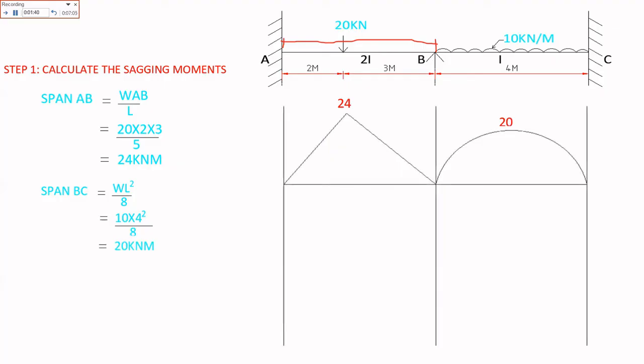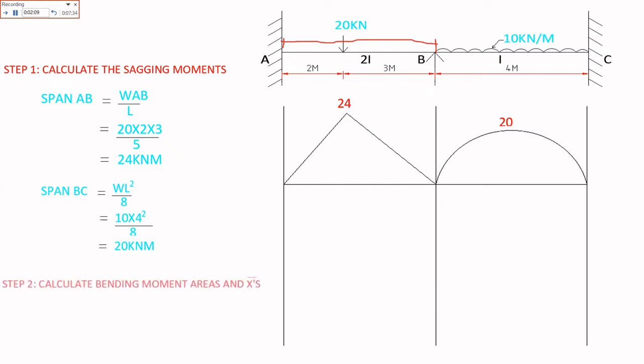The next thing we do now is to sketch the bending moment diagram. Since span AB has a point load, the shape of the bending moment will be a triangle. And for span BC, since it's a UDL, it's going to be a parabola or a curve. This one is 24 kilonewton meter, and this one is 20 kilonewton meter.